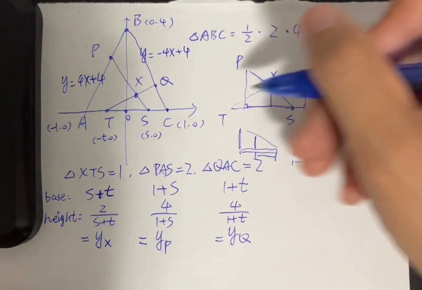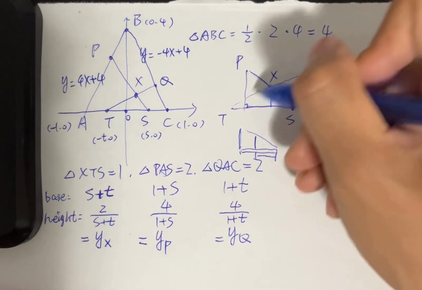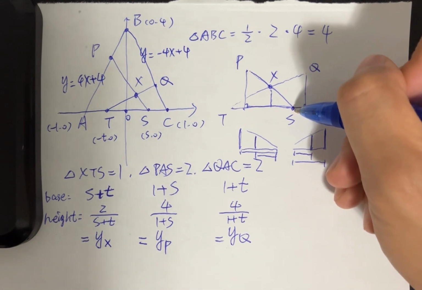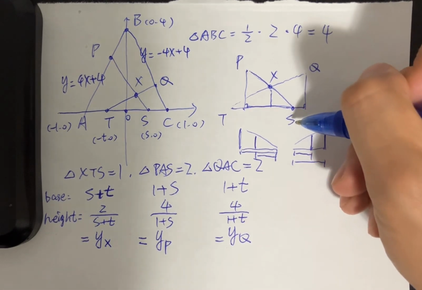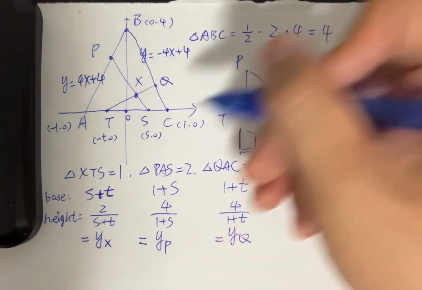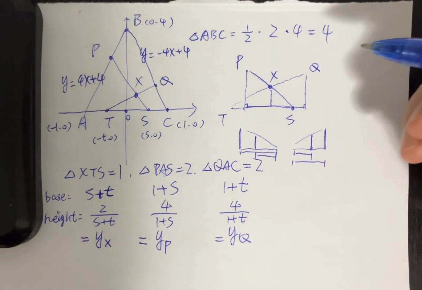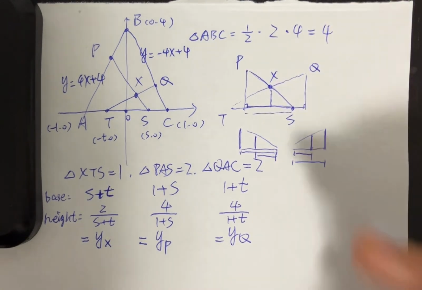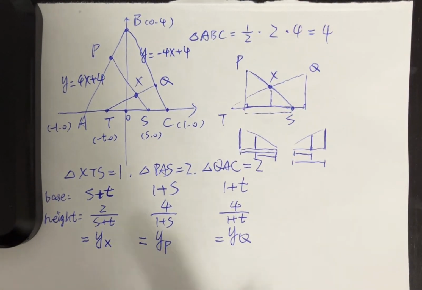If XP is already known, okay? And of course, the X coordinate of S is already known. It is just S, okay? It's defined as S. So the length between this foot and the S is kind of known.